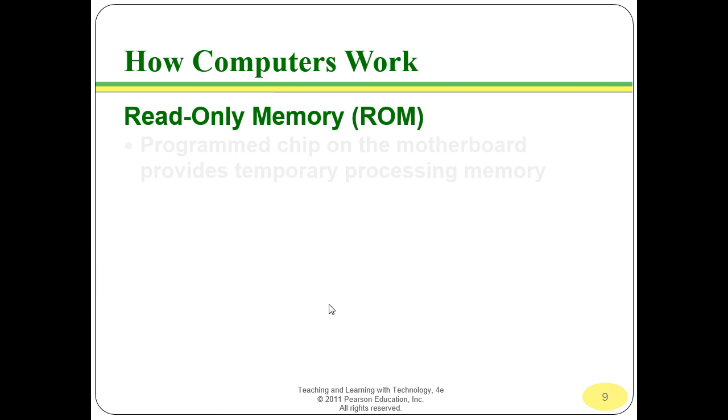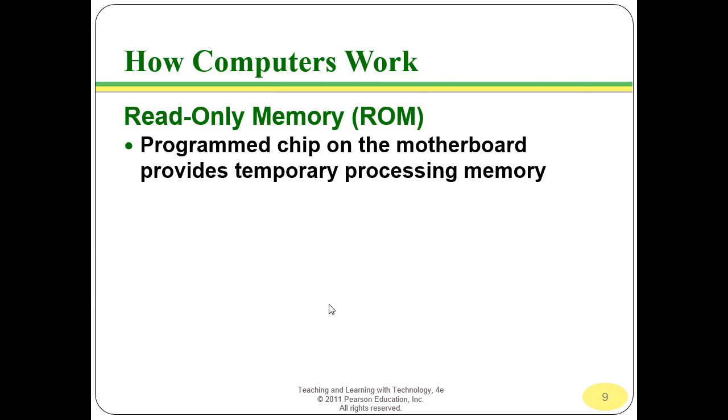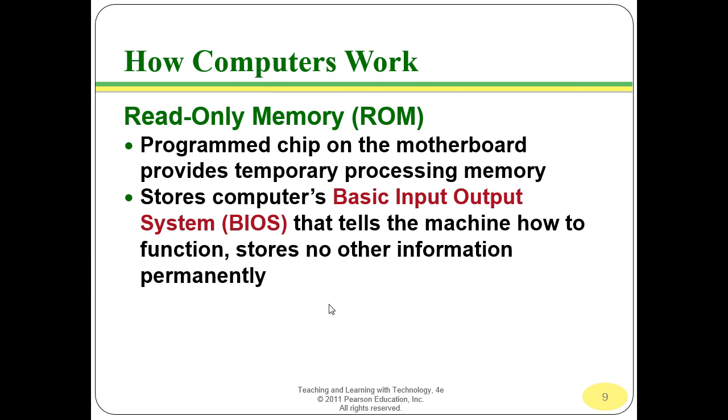Now, let's take a look at something called read-only memory, or ROM. These are program chips on the motherboard that provide temporary processing memory. This ROM memory stores the computer's basic input-output system, or BIOS, that tells the computer how to function and stores no other information permanently.